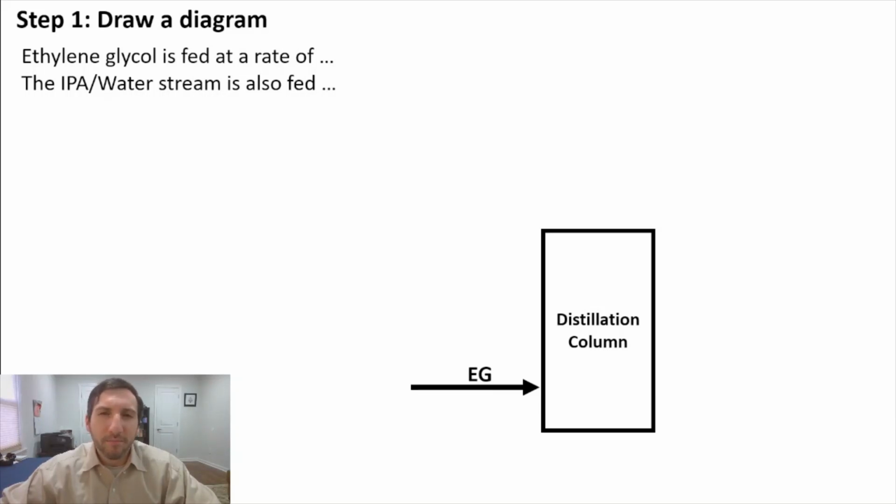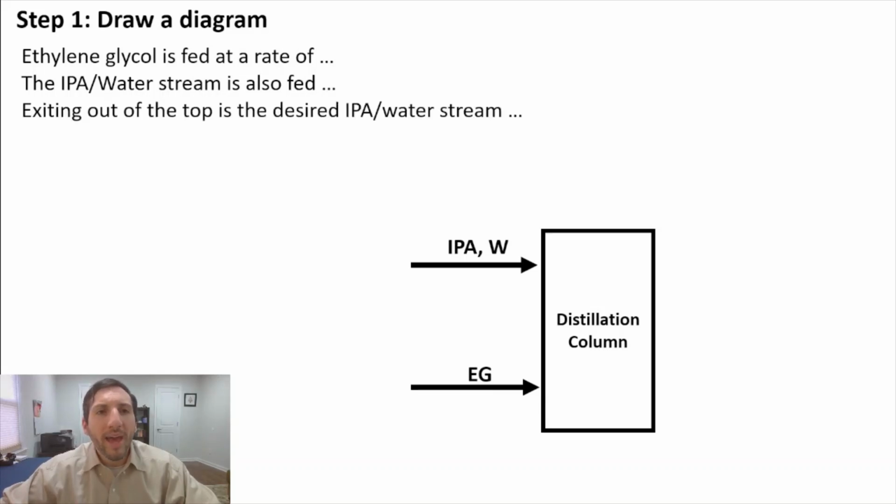And if you don't remember, it's the leftover IPA water stream that's going to be fed in. And that'll be important information when we start to identify and write in our notes. But for now, we've got an IPA water stream coming in. Great. We also know exiting out of the top is the desired IPA water stream. So again, we have another IPA water stream coming out of my column.